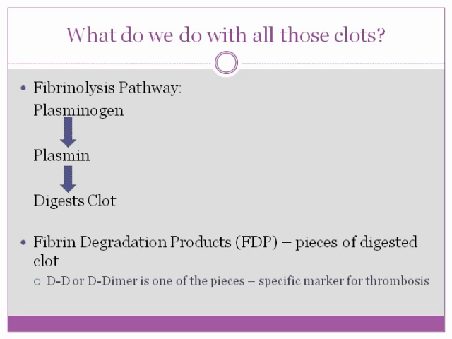So there's only 2 steps here. Plasminogen will convert into plasmin, and plasmin is what digests the clots. That's it. So you just need to know the parts of the fibrinolysis pathway and what fibrinolysis means. And it means just to break down and get rid of the clots for us. One little thing here on that is when we break down that clot and digest it, we get some pieces of that digested clot, which are called fibrin degradation products, FDP.